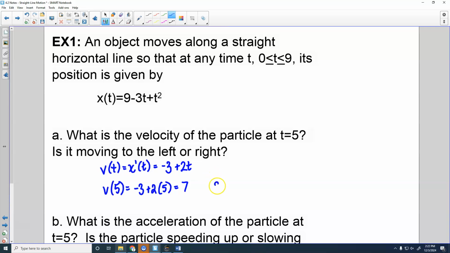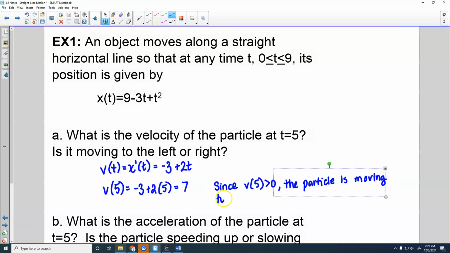Okay, so we would say since v of 5 is greater than 0, or since velocity is positive at this point, the particle is moving to the right at t equals 5.